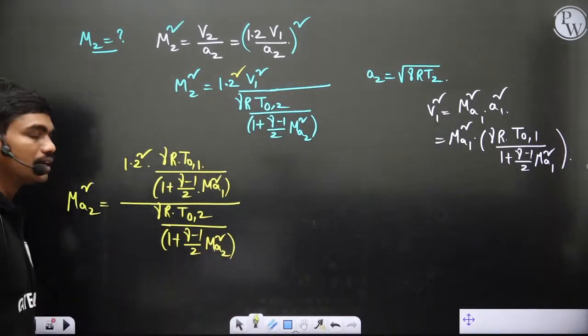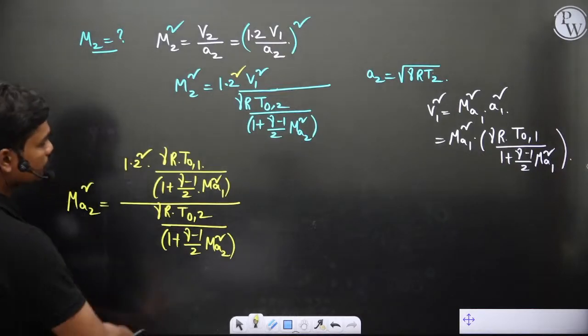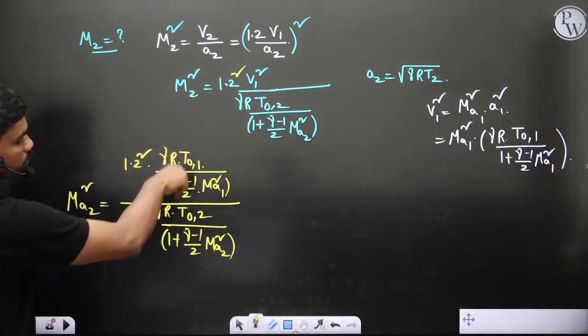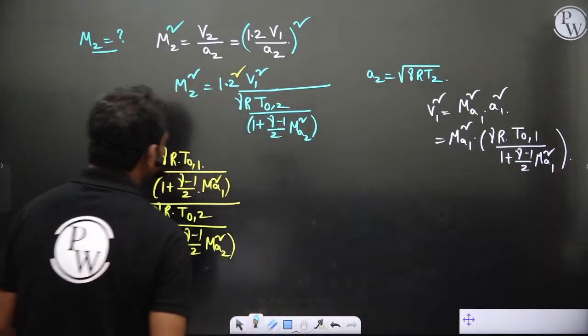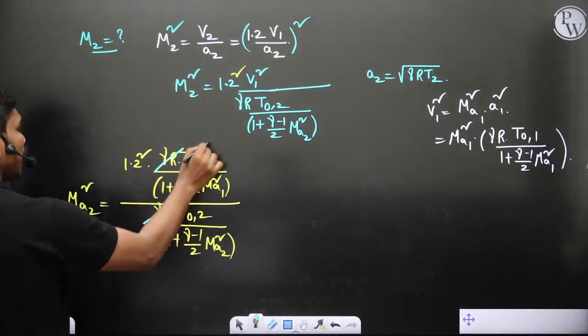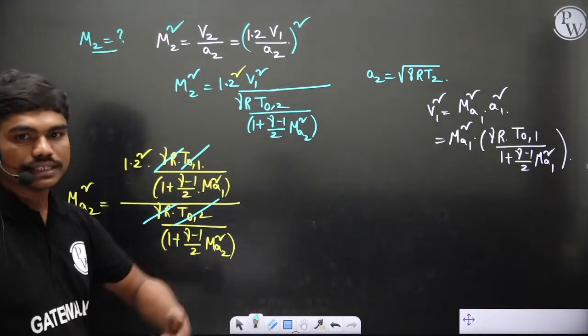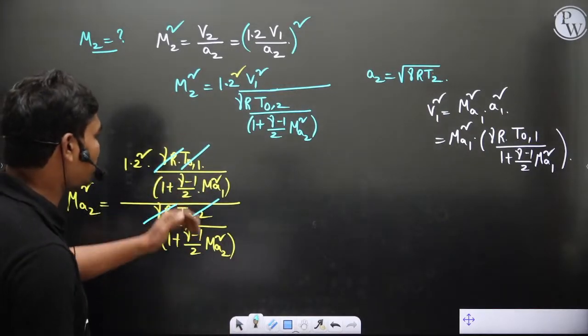So this is the equation. Is this clear? These temperatures we are writing in terms of stagnation temperatures. Clearly gamma r is constant, and stagnation temperature does not change because this is an isentropic flow, so the stagnation temperature remains the same.